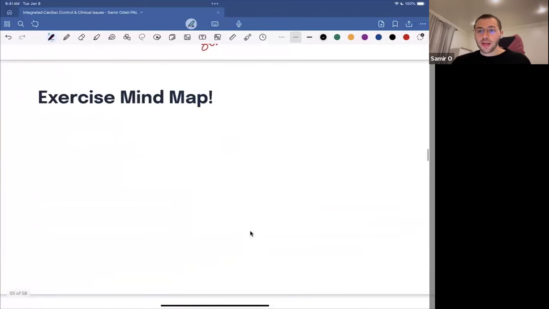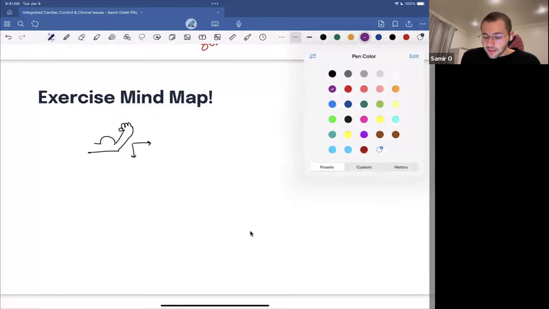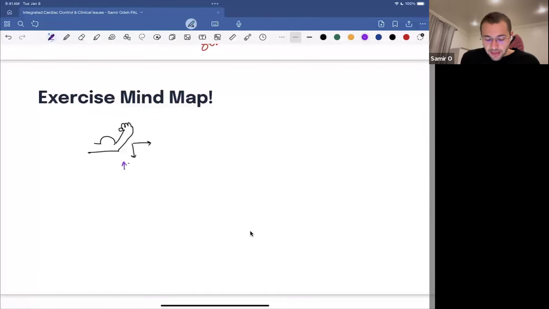All right, so let's draw a quick mind map of exercise. As we said, this is a bicep. Please do not judge the drawing. As we said, increased exercise is going to do two things. It's going to increase the stimulation of the sympathetic nervous system due to higher center control.